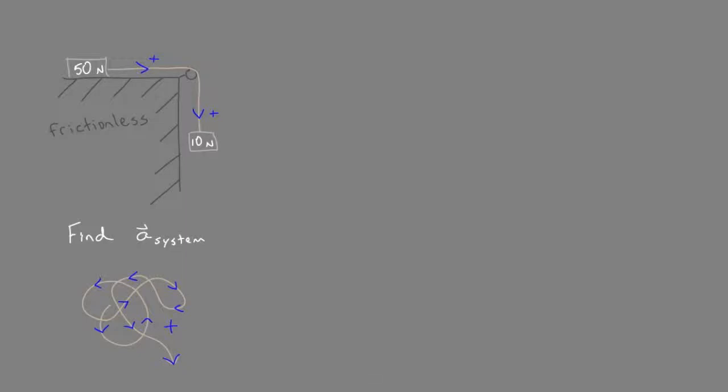So let's start by coming up with a net force equation, F net. And to do that, we'll do a free body diagram at each point. So we have the force due to gravity of this mass and the force due to gravity of this mass. We also have a normal force on the mass on the frictionless table, and there's actually no normal force on the suspended mass.